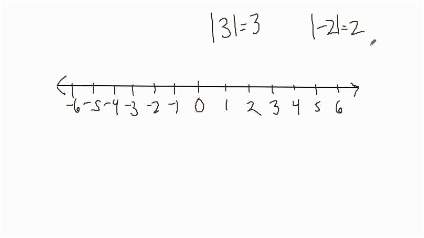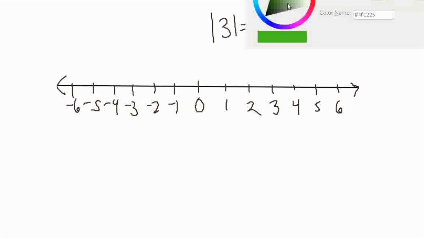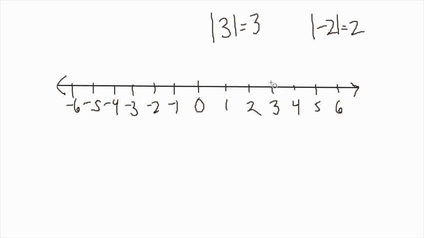Let me invite you to think of the absolute value in another way. Think of it as the distance to the 0. 0 is also sometimes called the origin. So let's go back to the 3. I'm going to put an orange dot at the 3.